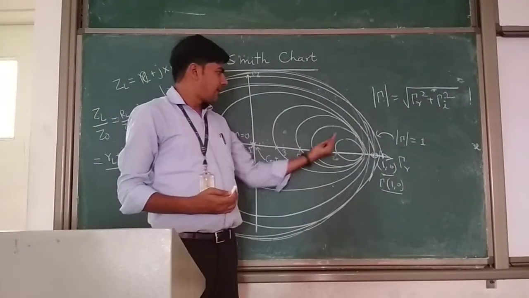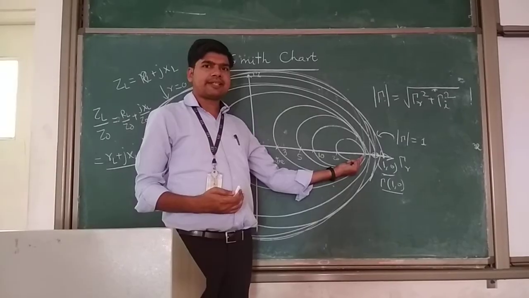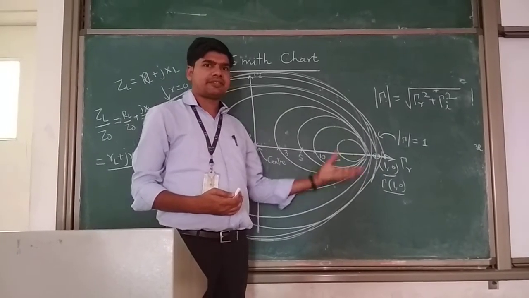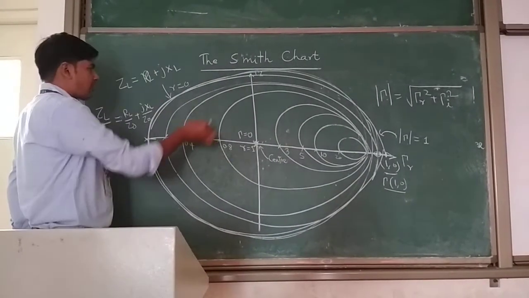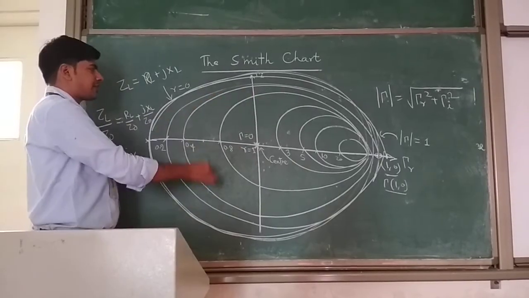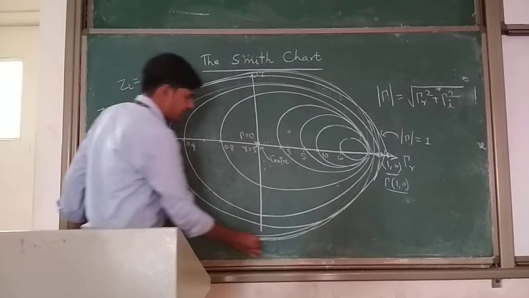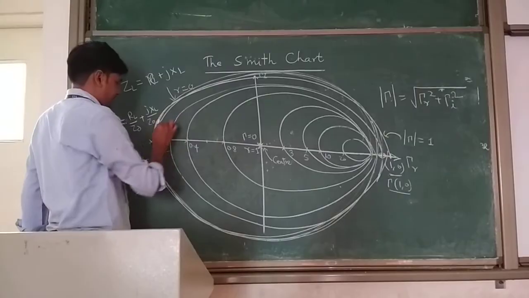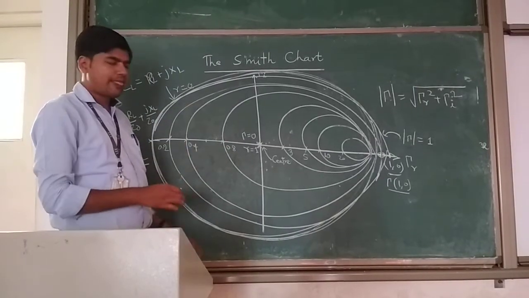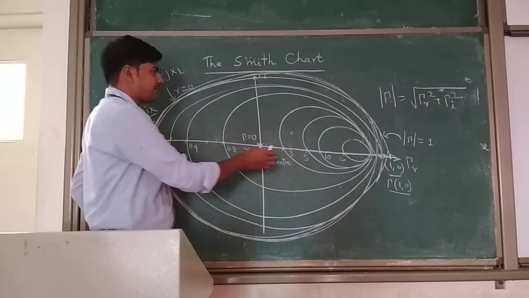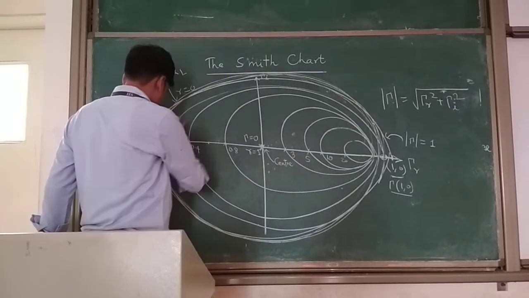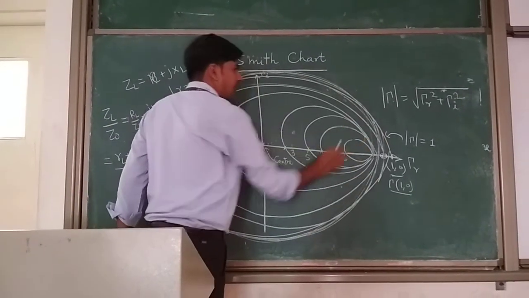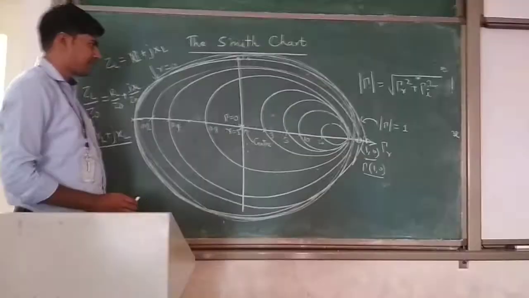The circle which has the minimum radius has the maximum value of resistance. So one of the axes of this Z plane is this one. It's in circular form, not in Cartesian form, but this circle represents r equal to 0.